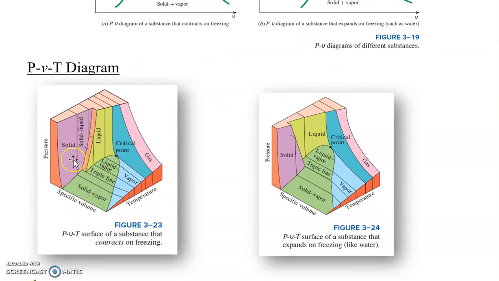These PVT diagrams have been obtained experimentally over a series of experiments. If you look at figure 3-23 and figure 3-24 in your ebook, if you look from the front side, you're going to see the PV diagram. If you look from the top, you're going to get a TV diagram. If you look from this side, you're going to get a PT diagram. So actually a complete diagram is the PVT diagram. This is for water because water expands on freezing.